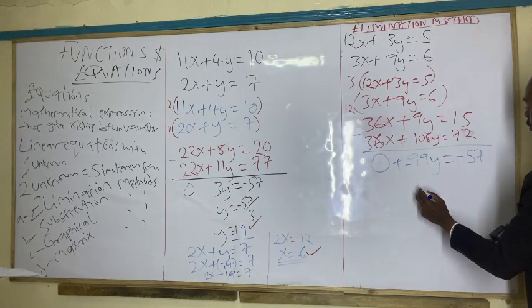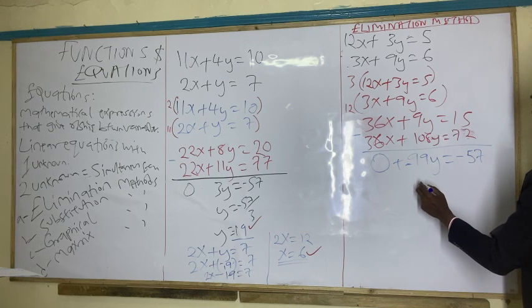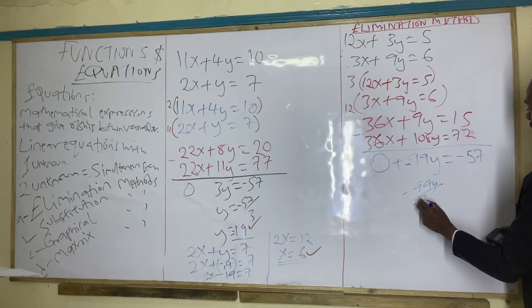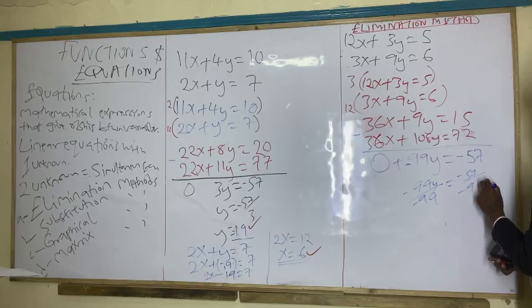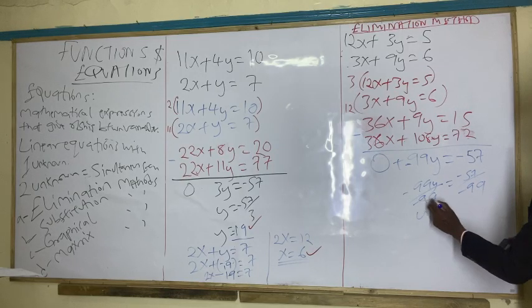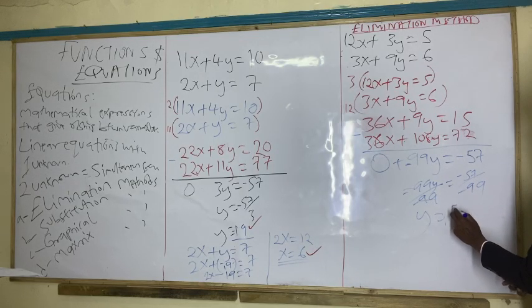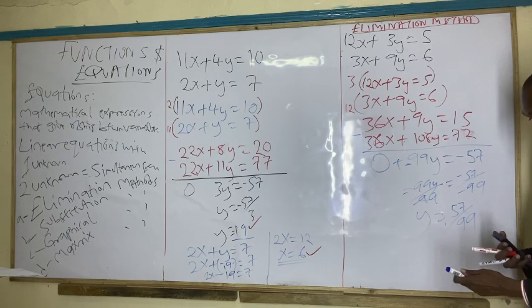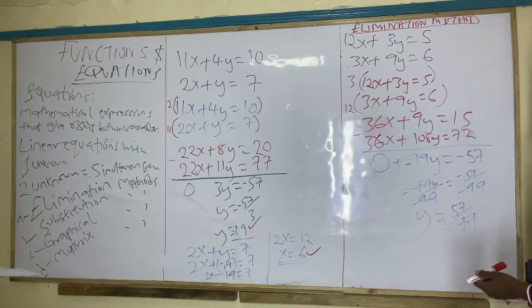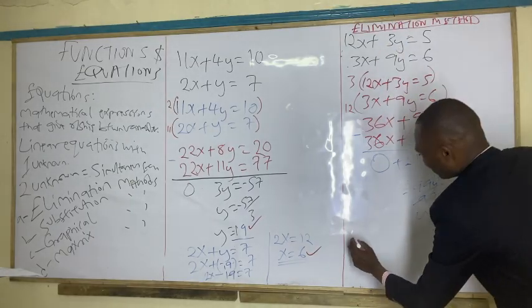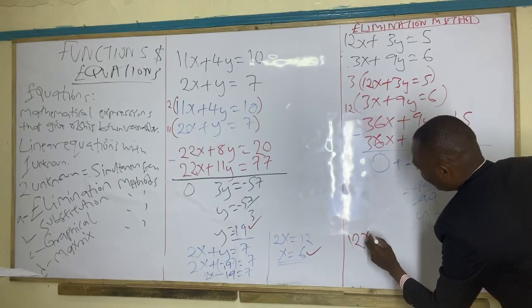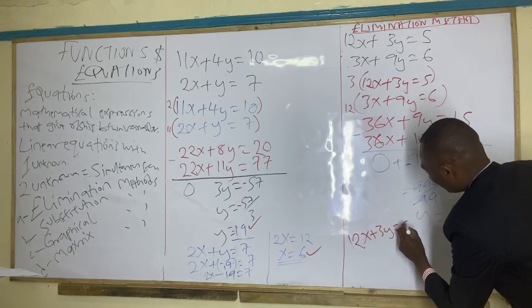Then let's continue. So how do we find y? So y is equals to 57 over 99. Once we found it that way, we come to this equation. So 12x plus 3y is equals to 5.